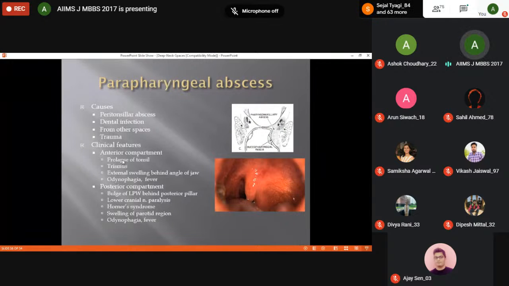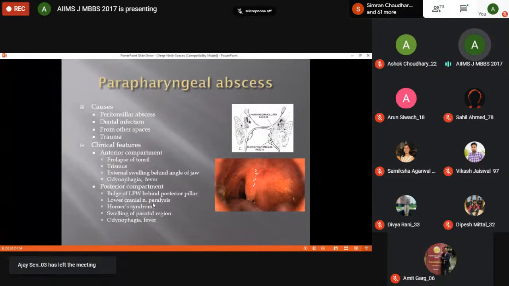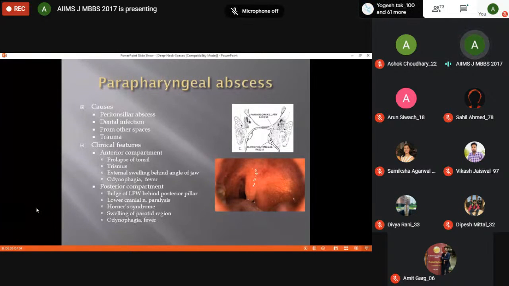In the anterior pre-styloid compartment, the clinical features are prolapse of the tonsil, trismus because of involvement of the pterygoid muscles, external swelling behind the angle of the jaw, odynophagia and fever. In the posterior compartment, there is bulge of the lateral pharyngeal wall behind the tonsil, lower cranial nerve paralysis because of involvement of the jugular foramen, Horner syndrome because the sympathetic chain is present, swelling of the parotid region, odynophagia and fever.